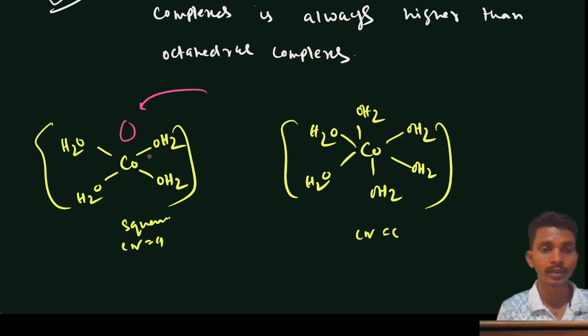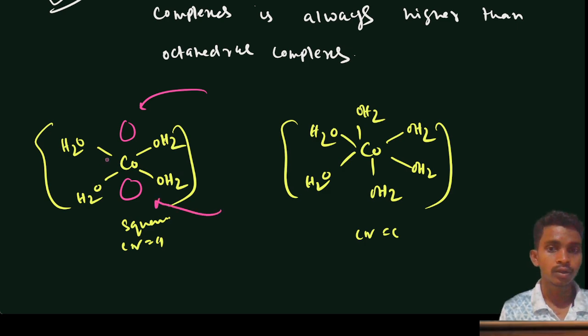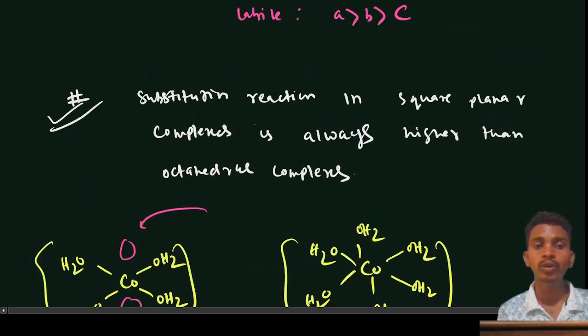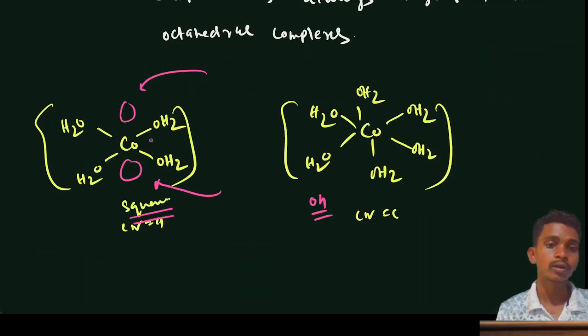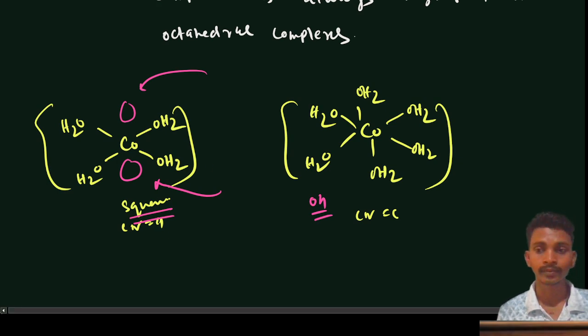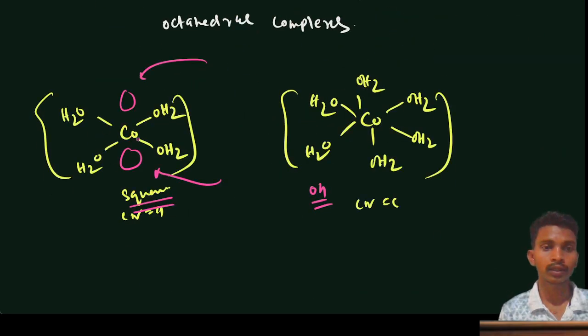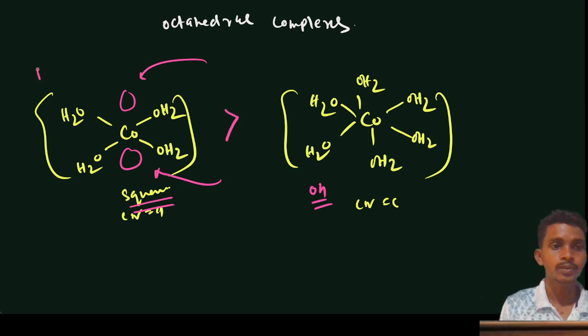Incoming ligands can attack from here, or it can attack from here. The vacancy is high compared to octahedral complexes. So this substitution reaction is very fast in square planar complexes compared to octahedral complexes, due to more room or more space available for incoming ligands. Okay, so this is the rate of substitution reactions.